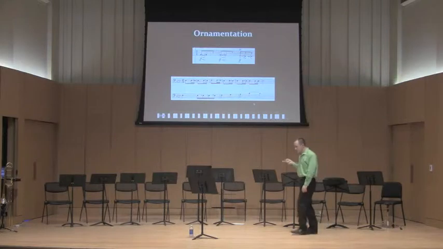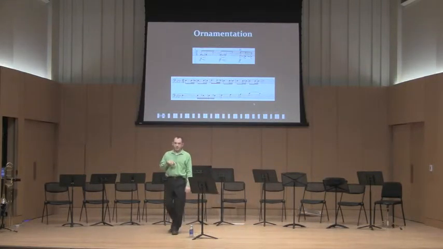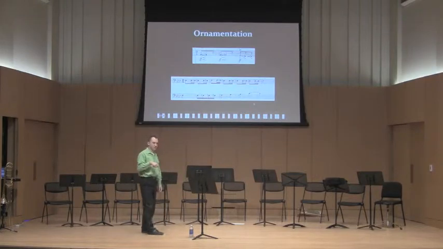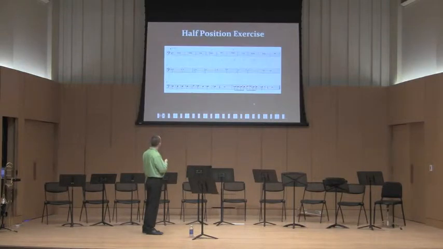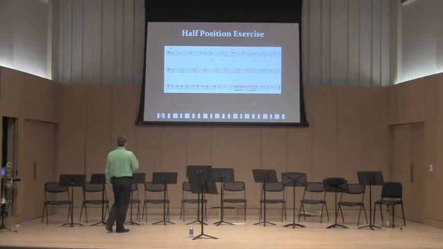Another example of quarter-tonal ornamentation is in the second movement of the Barney Childs Sonata for Unaccompanied Trombone, in which Barney Childs specifically asks the performer to play in what's called half positions, which are, as you can see here, notated as, in this case, 2.5, 1.5.